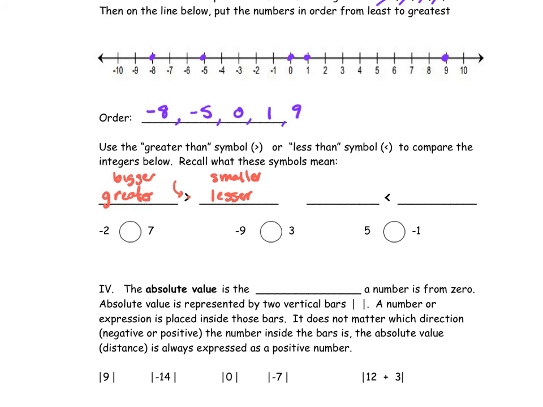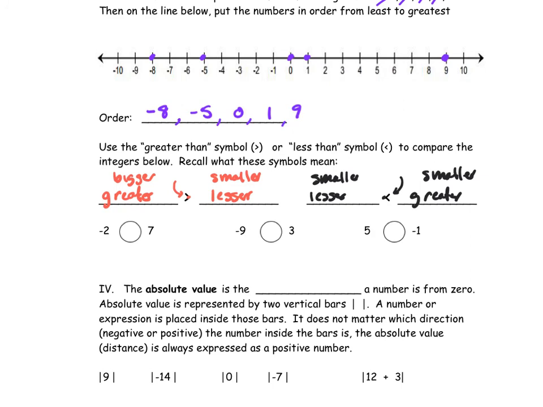So the reverse of that is here I'm seeing this little tiny point at this end, and that's going to be the lesser number or the smaller number. So whatever is on the same side with the point, that's the smaller number. And then here I see the opening or the bigger side of this, and so I want the greater value or the smaller value.